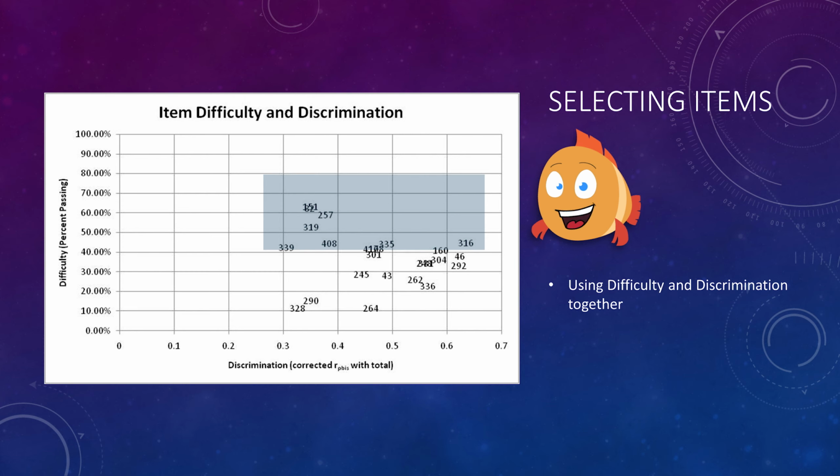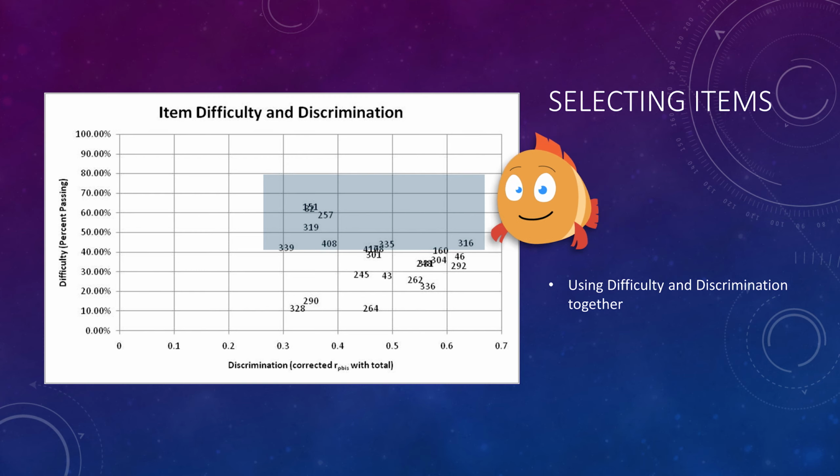This item test regression graph allows for the simultaneous representation of item difficulty and discrimination. They provide a picture of the relationship between item performance and total score. And ideally you want questions that are both highly discriminating and of reasonable difficulty. I've highlighted them in the gray box here, although I'm starting to worry that that box got tilted.